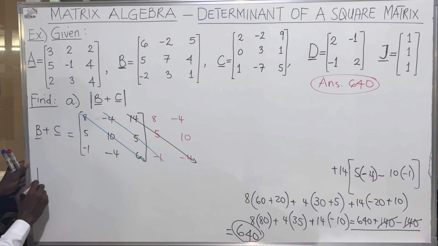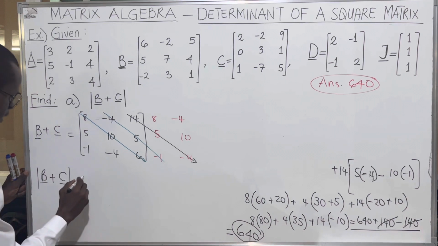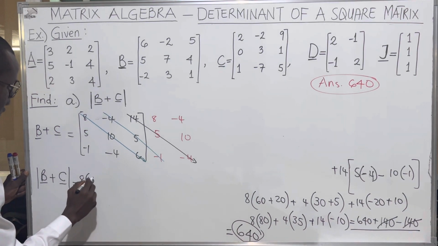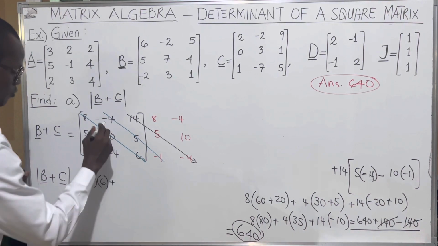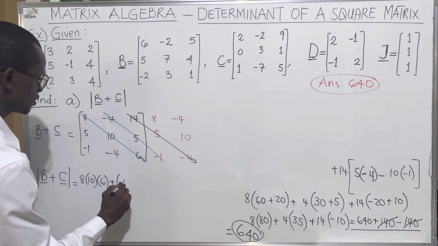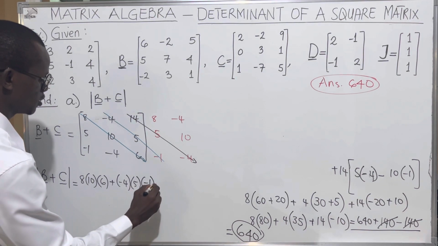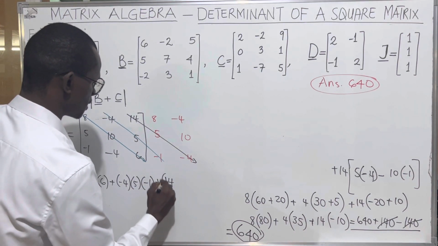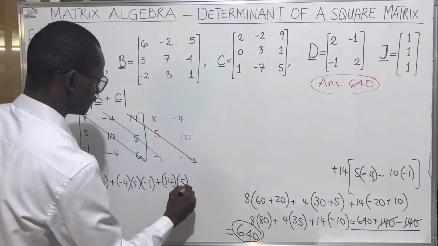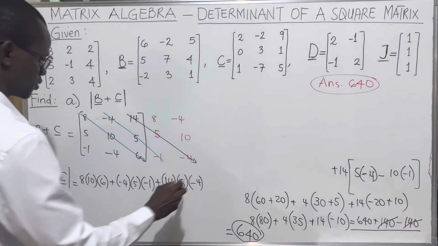So we have the determinant of matrix B plus matrix C to be 8 times 10 times 6 plus minus 4 times 5 times minus 1 plus 14 times 5 times minus 4. That's the first one.